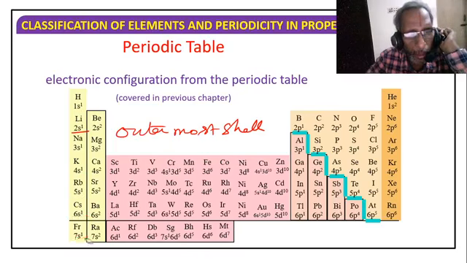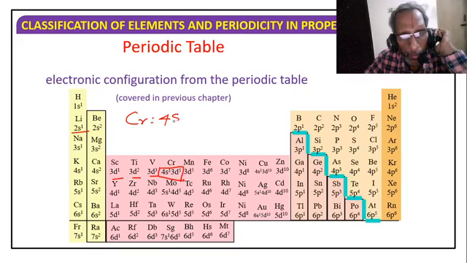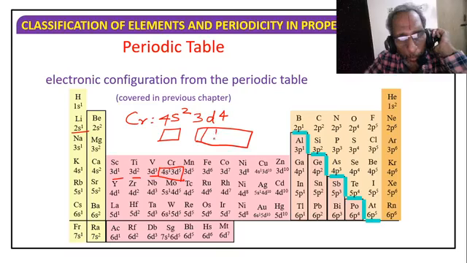These are D block elements, d1, d2, d3. Here is to be noted: they will ask repeatedly only about chromium, so be careful. Chromium's normal configuration is 4s2 3d4. S means 1 orbital, D means 5 orbitals, 1, 2, 3, 4, 5.